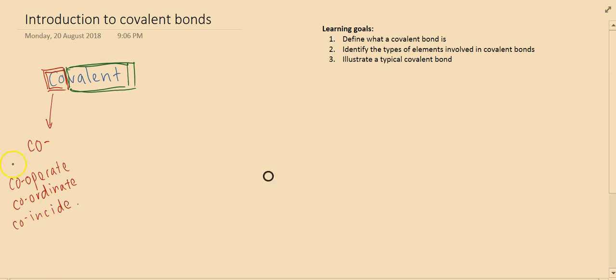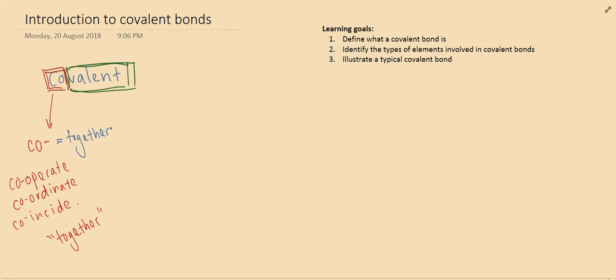All of these words, right, they involve something happening together with something else, or someone doing something together with someone else. So co here can be equated with together.